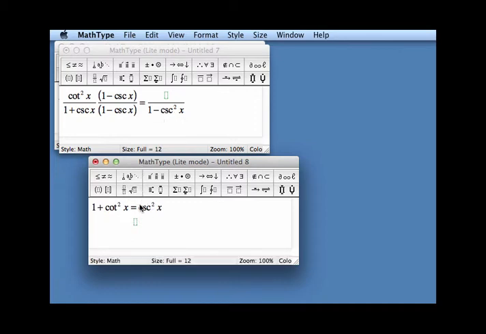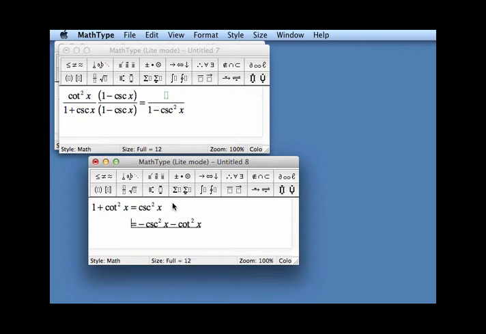1 minus cosecant squared of x, we can find an expression for that if we take the identity, 1 plus cotangent squared of x equals cosecant squared of x, and if I subtract cosecant squared from both sides, and at the same time I'm going to subtract cotangent squared from both sides.